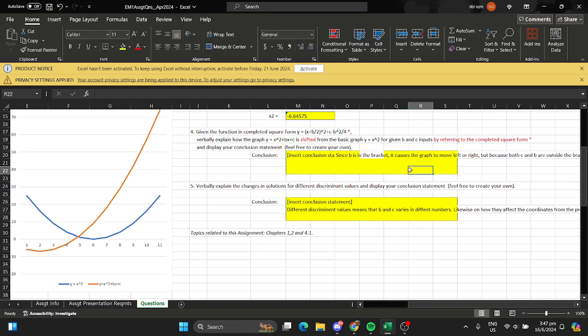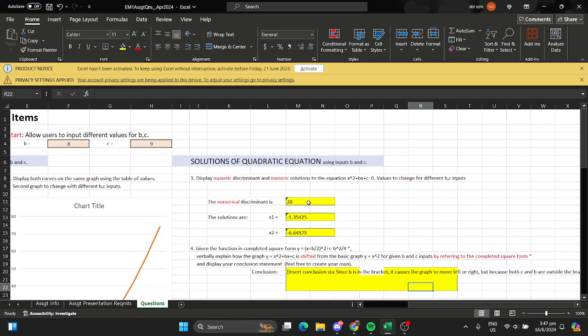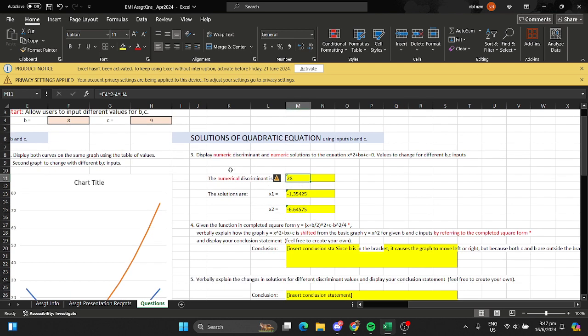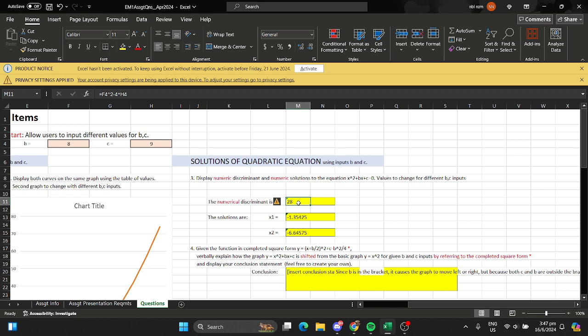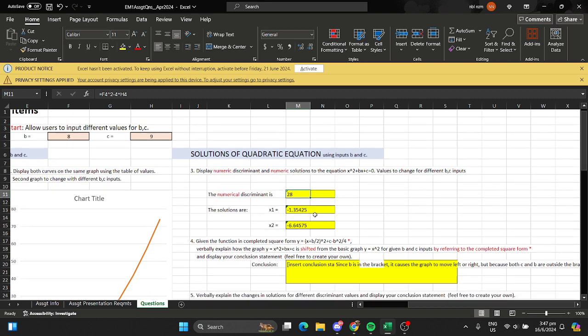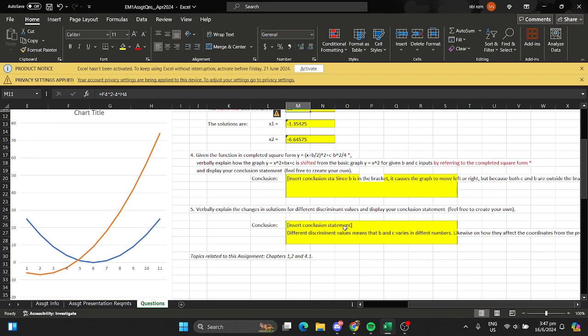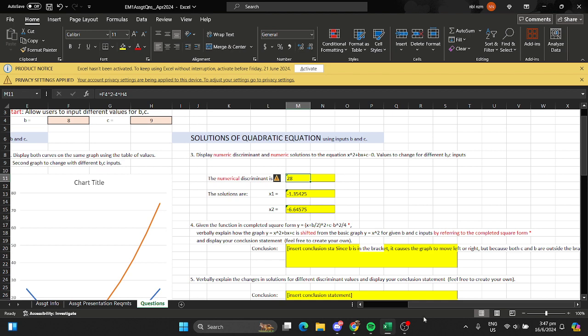For this one, you can't really tell if the discriminant will affect it by moving up or down, but it will definitely move if the numerical discriminant is changed. You can tell maybe a slight difference or a big difference, but for all we know, if the discriminant is different, the graph changes.